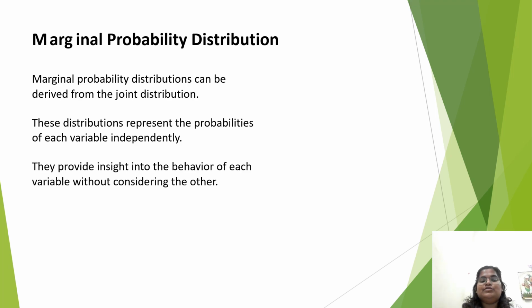Marginal probability distribution: the marginal probability distributions can be derived from the joint distribution. These distributions represent the probabilities of each variable independently. It also provides insight into the behavior of each variable without considering the other.